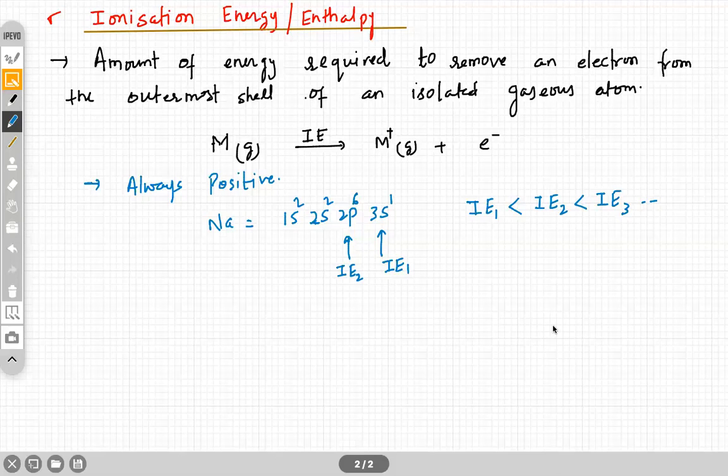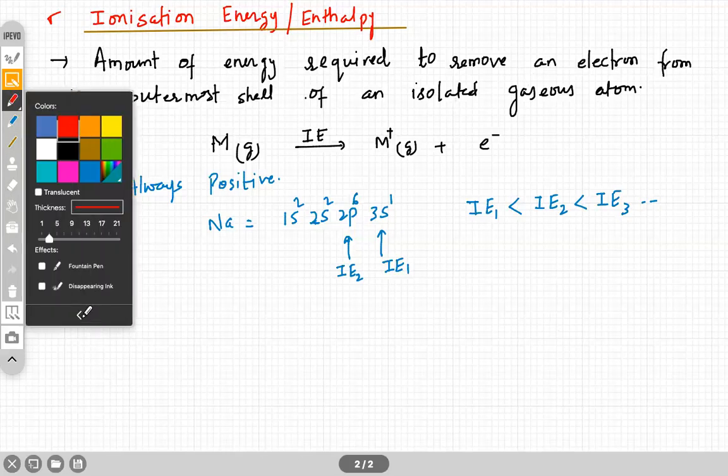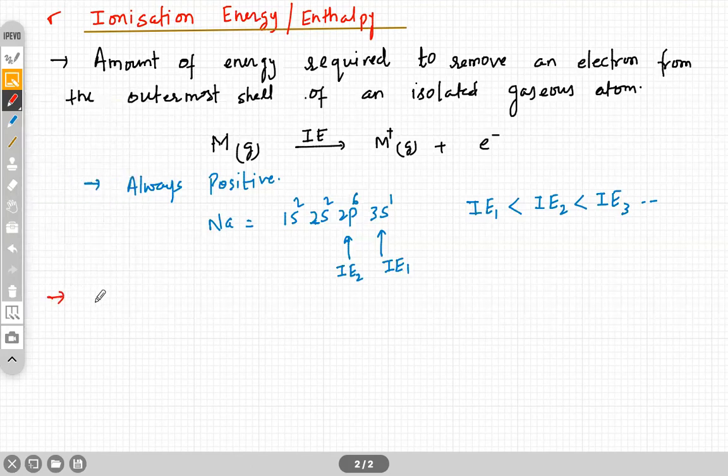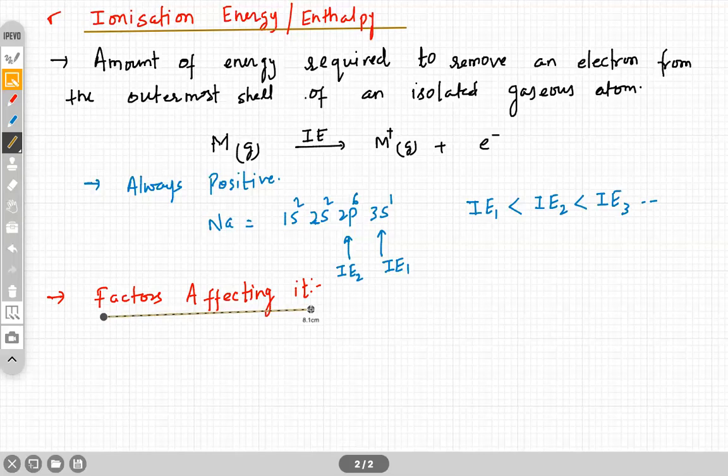Okay. Now, what are the factors which affect the ionization energy? So heading, write down factors affecting it. Clearly you can understand that as the size decreases, ionization energy increases.